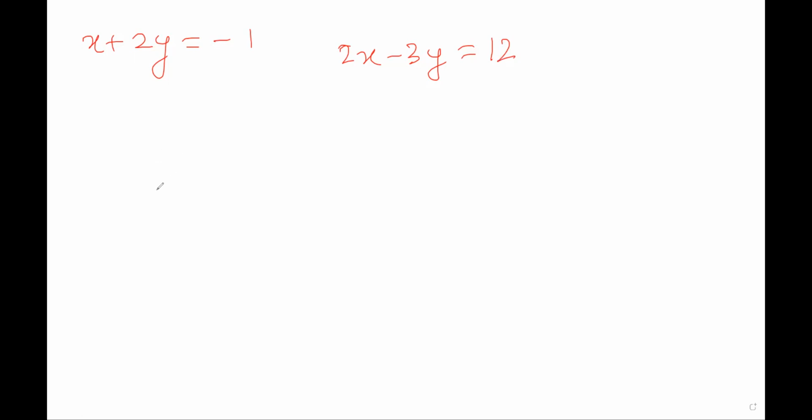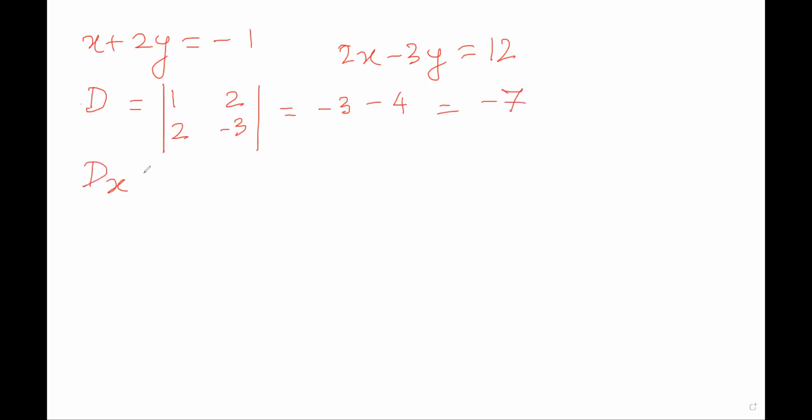All right. As you can see, the equations are already in the form ax plus by equal to c. So directly we'll find out D. D will be 1, 2, 2, minus 3. So this will become minus 3 minus 4, which is equal to minus 7.